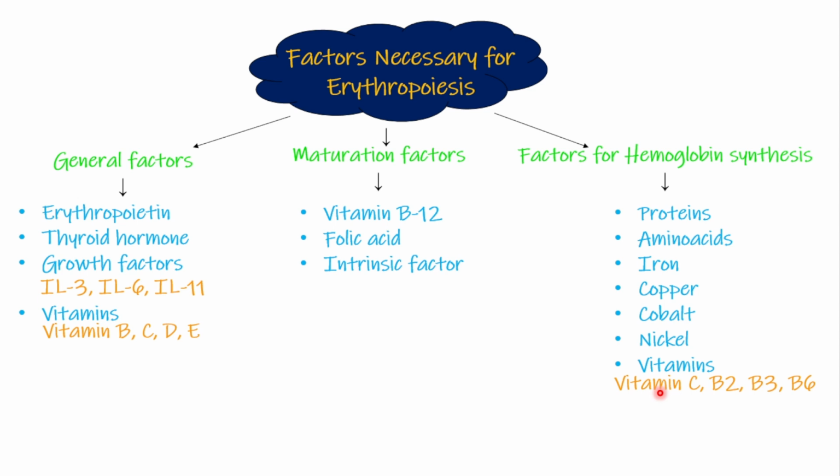The vitamins more relevant with reference to hemoglobin synthesis are vitamin C, vitamin B2, vitamin B3, and vitamin B6. Okay, so we are done with this topic of erythropoietin and the factors necessary for erythropoiesis. See you in the next part.